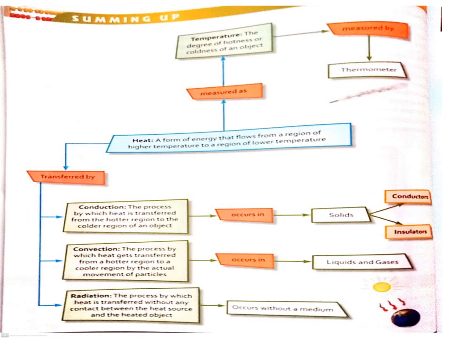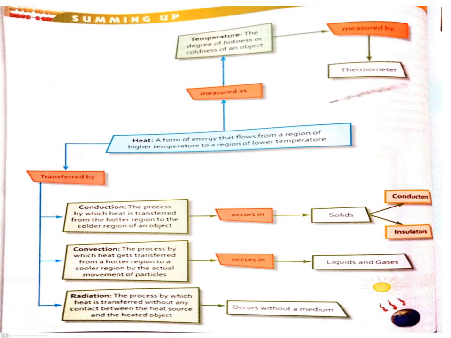Students, now let us summarize what we have learned. Temperature: the degree of hotness or coldness of an object is called temperature, and this temperature is measured by a thermometer. We have two types of thermometer: one is the clinical thermometer and the other is the laboratory thermometer.